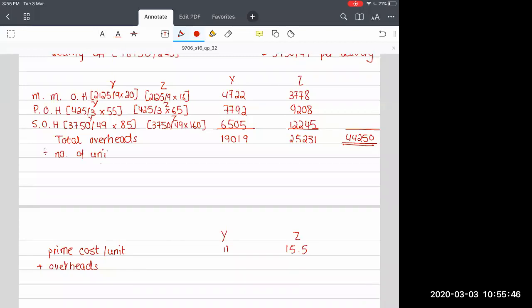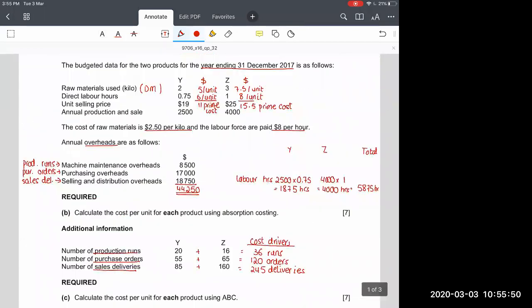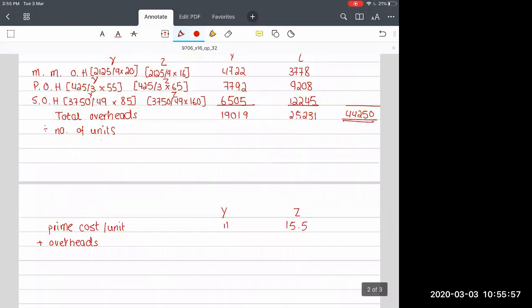So how many units were there for product Y? We were producing 2,500 units of Y and product Z was 4,000 units. So now we can calculate the per unit overhead cost, which is 19091 divided by 2,500.